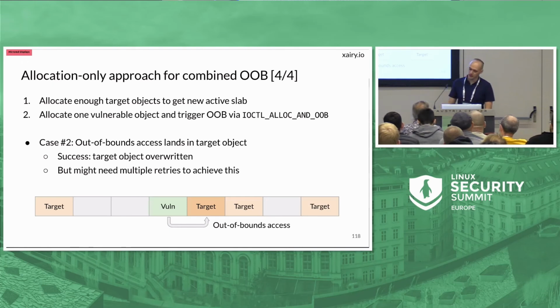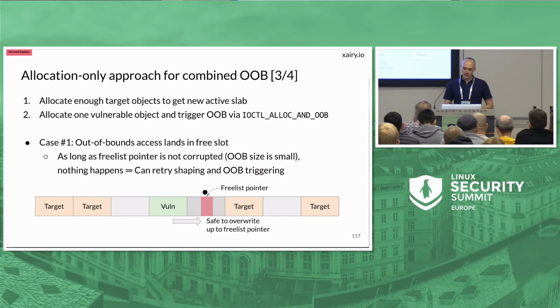It just will happen that our target object gets placed into the slot that follows the vulnerable object. This target object is allocated from step 1 when we're filling the holes. And it just so happens that our exploit works. This is fairly interesting because it used to be that the free list pointer was stored in the beginning of the slot, and when it was stored in the beginning of the slot, this type of thing wouldn't work.